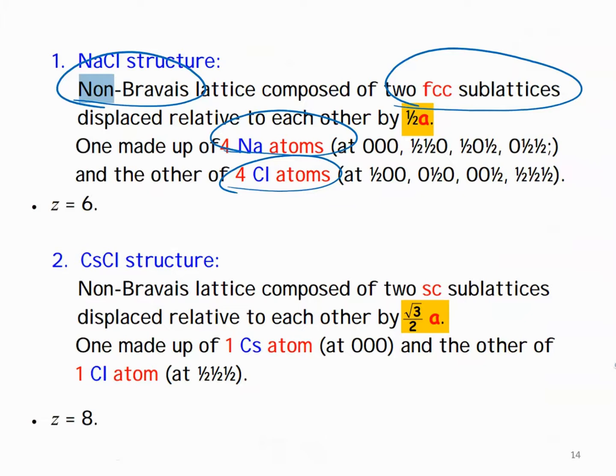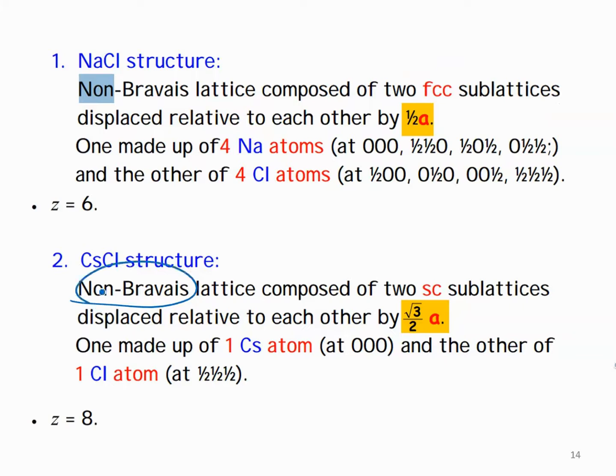Same thing applies to the cesium chloride structure. For cesium chloride, it's a Bravais lattice composed of a simple cubic lattice, in the crystallography definition. But if you say, I want to examine it through the atoms, which is not conventional, then it's a non-Bravais lattice composed of 2 simple cubic sublattices displaced from each other by square root of 3 over 2 a.